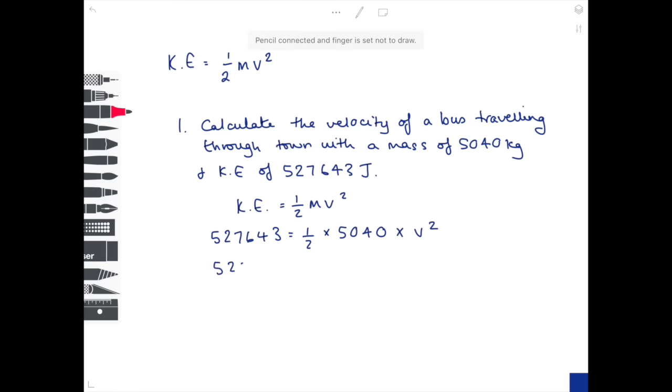The easiest thing now is to work out half of the mass, which is 2,520. Times that by v squared. Now we need to get v squared by itself, so the way in which we do that is divide both sides by 2520.